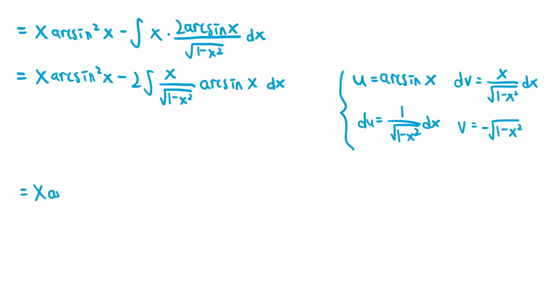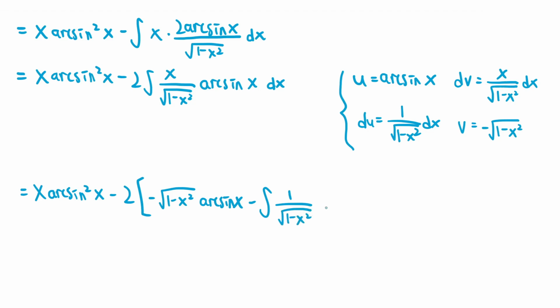The x arcsin squared of x stays the same, and then this is followed by minus 2 times uv, which is negative square root of 1 minus x squared times arcsin of x, minus the integral of v du, which is minus the integral of the square root of 1 minus x squared times negative square root of 1 minus x squared dx.